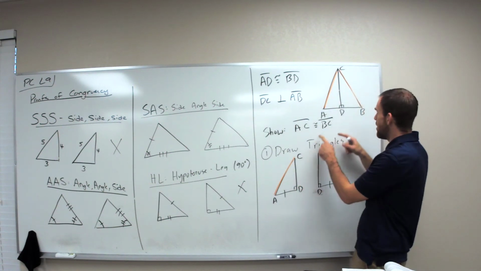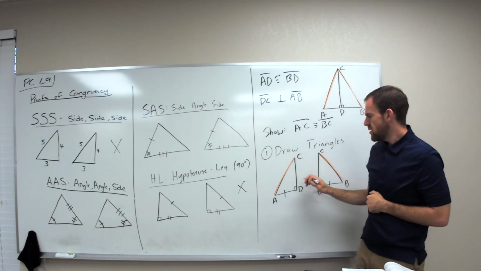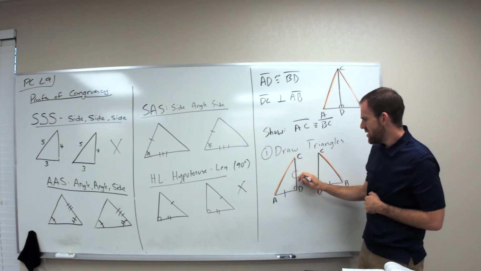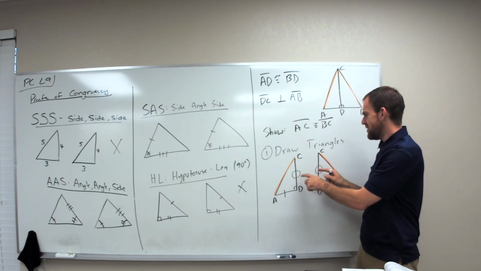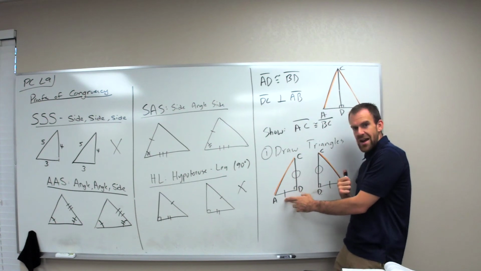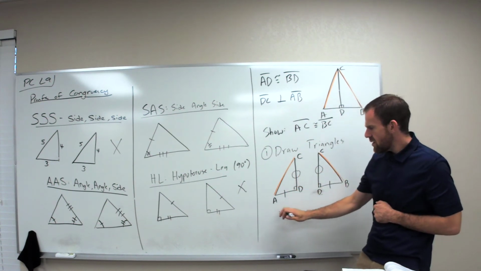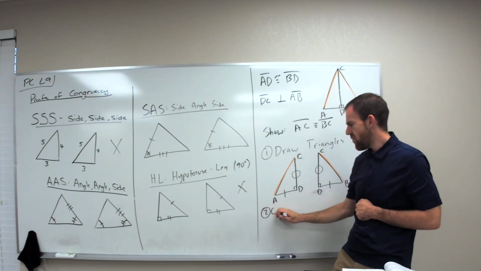If we go back to our original, we see that DC is actually the same line. When it's the same line, we use this little circle to indicate that it's the same. And now I have a side, an angle, and a side. So now I'm going to write my conclusion.